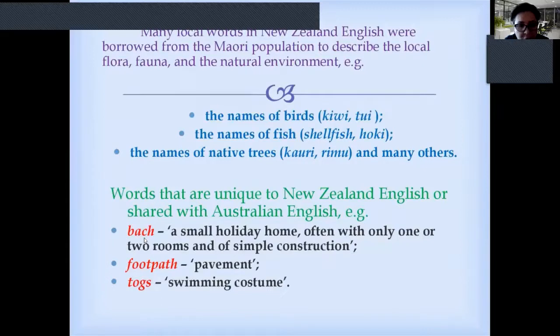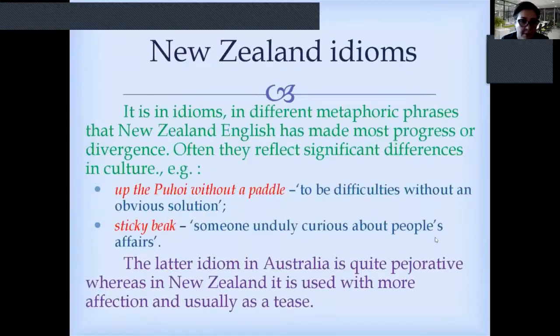Another example, footpath, for pavement. Togs is used for swimming costume. Here are given New Zealand idioms that are used in New Zealand. It will be maybe interesting for you, and you can look it through.